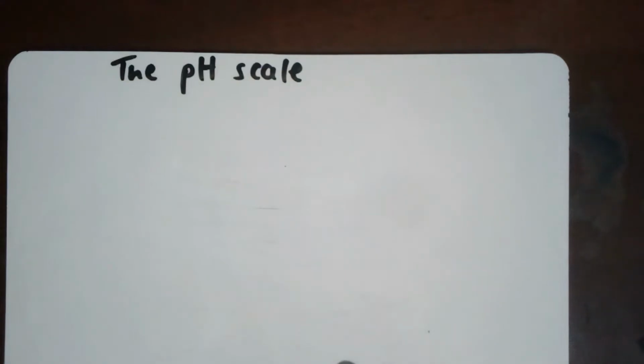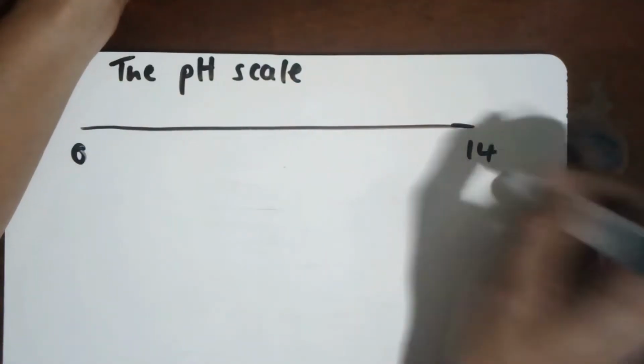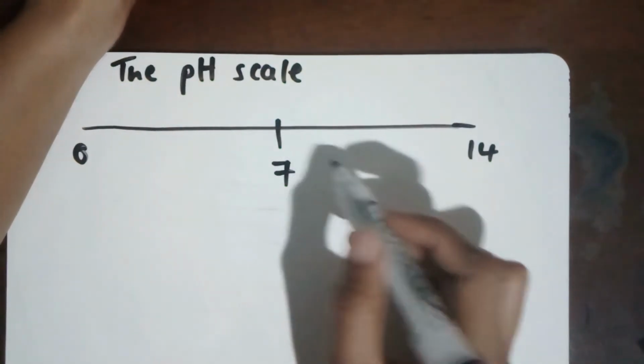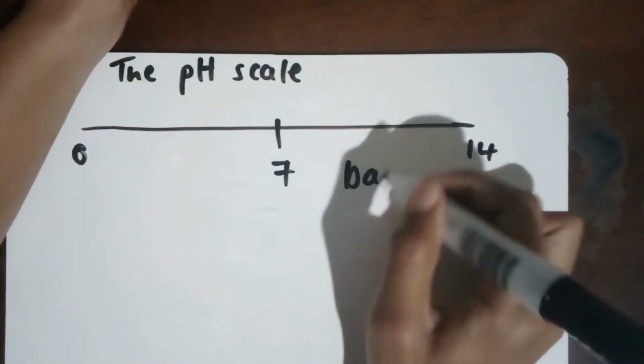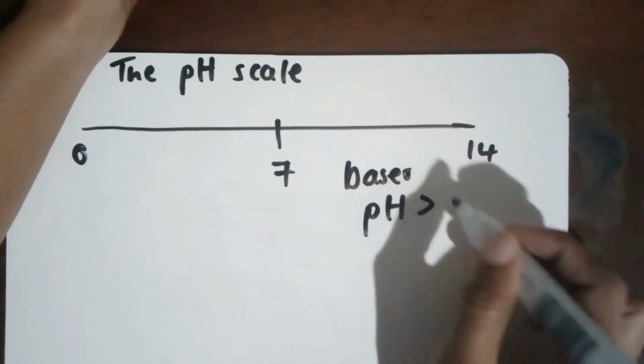So you're basically going to talk about the pH scale, and we already touched a little bit on this in our video on hydrolysis of salts, right? Just a revision: the pH scale ranges from 0 to 14. Then here in the middle we have 7. Substances that are basic, or bases, have a pH of greater than 7.